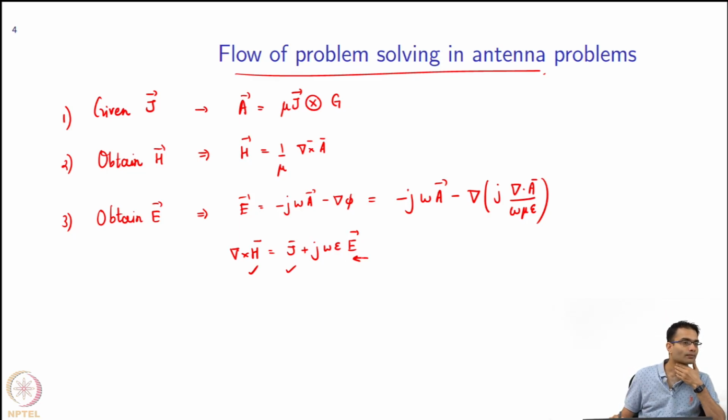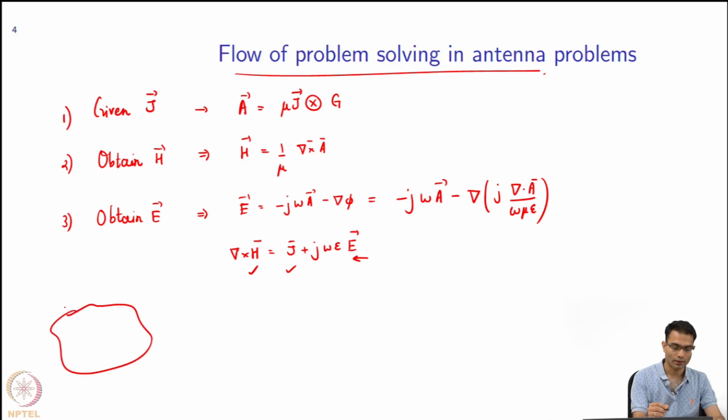Uniqueness theorem. No, okay. First of all, the statement of the uniqueness theorem was not that if I know epsilon and mu, the fields are unique. The statement was that if I know the tangential E and H fields, or some combination thereof, over a closed contour, then I know the fields everywhere and they are unique. It is not enough for me to just know epsilon and mu.